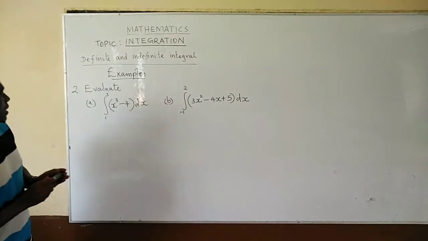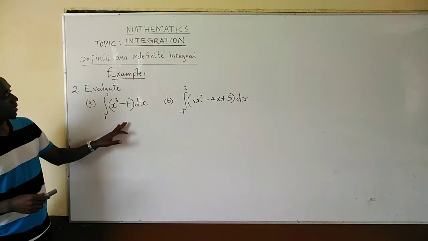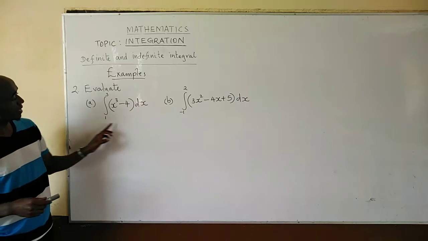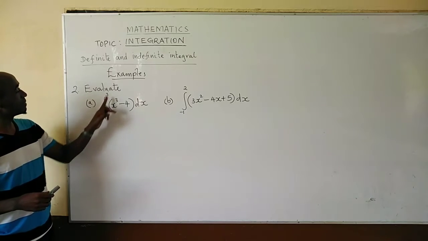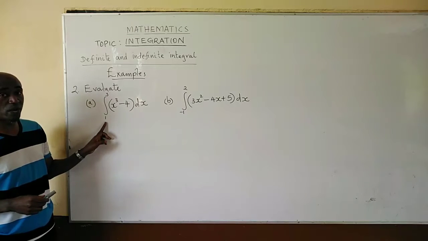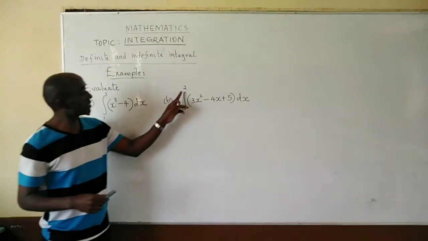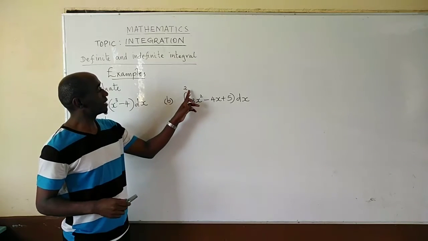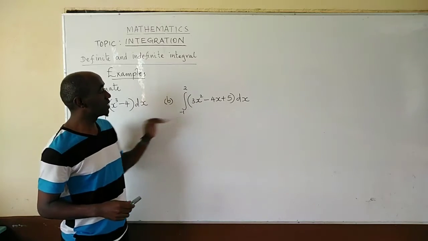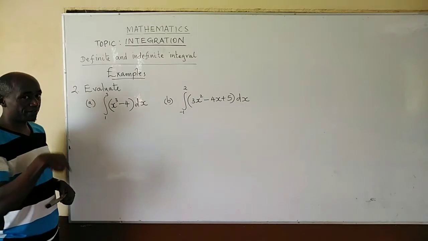So this is another example. But if you look at these examples, you can see we have limits. The integral sign has limits. The lower limit here is 1. The upper limit here is 3. In the second example, the lower limit is -1. The upper limit is 2. So the way we deal with these now is different. And we discussed that in our previous lesson.